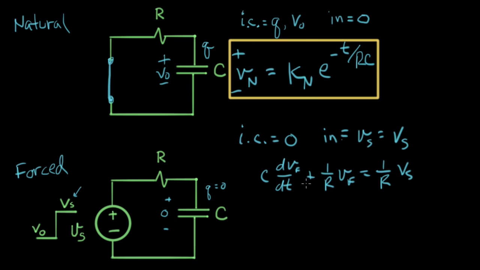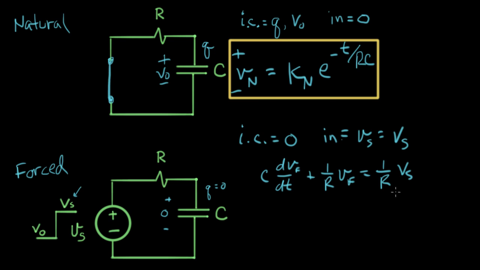So this is our differential equation for the forced response. And we're going to take a strategy here that's like we did with the natural response: we're going to guess at an answer for Vf and then plug it into this non-homogeneous differential equation, and we're going to see if it works.